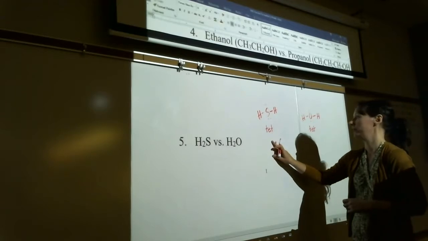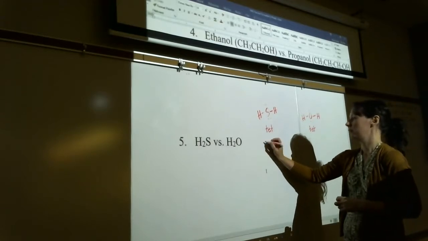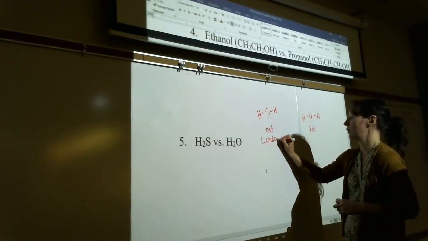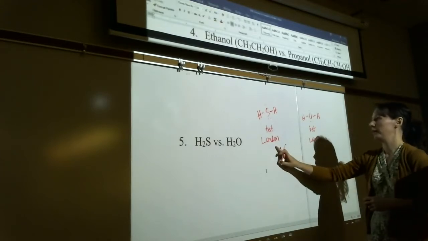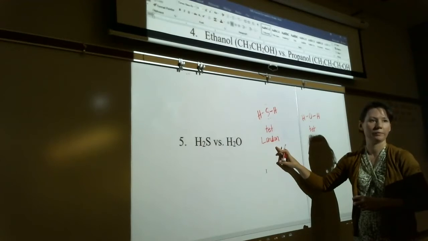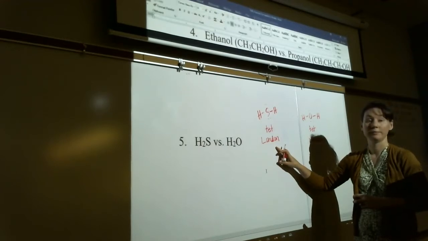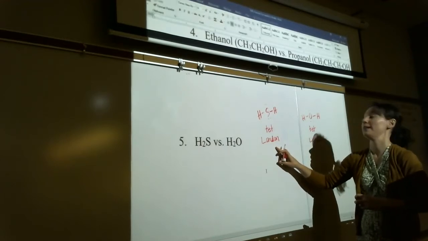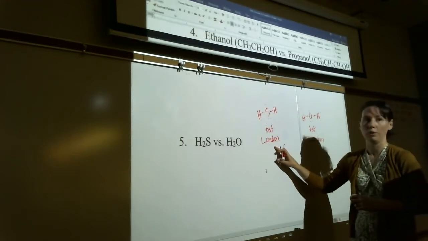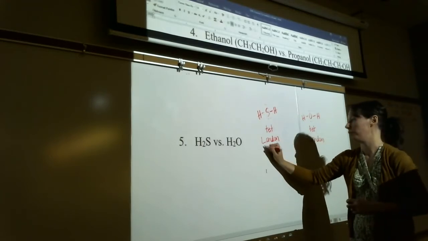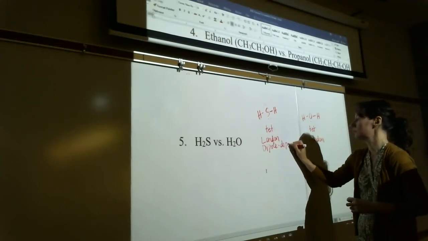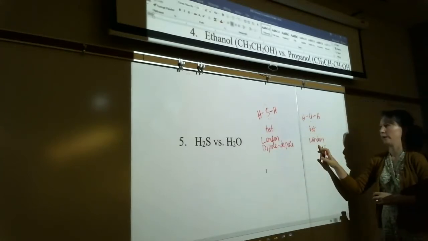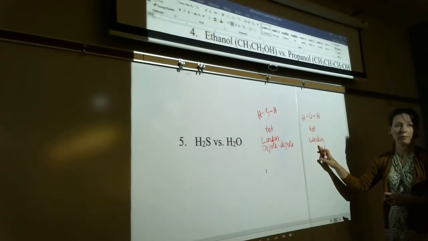Let's do this one. London. London as well. Okay, is this a polar molecule? Yes, it is a polar molecule. So it's a dipole, so that means it has dipole-dipole. What about this one? Would it have dipole-dipole? Yes.